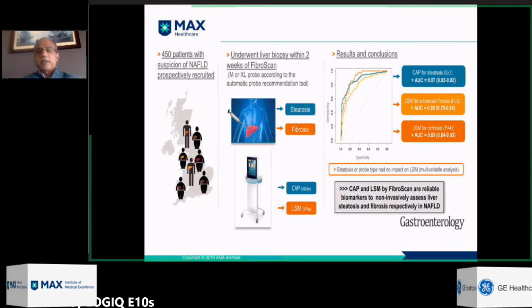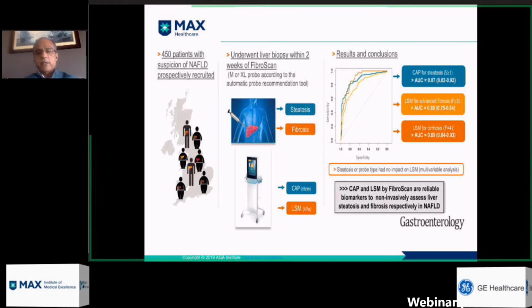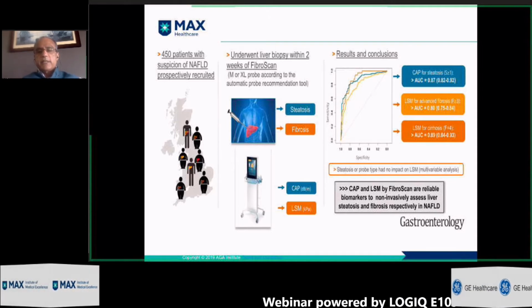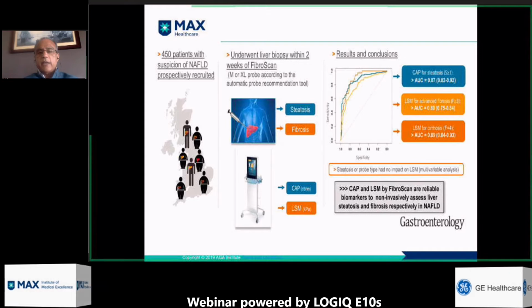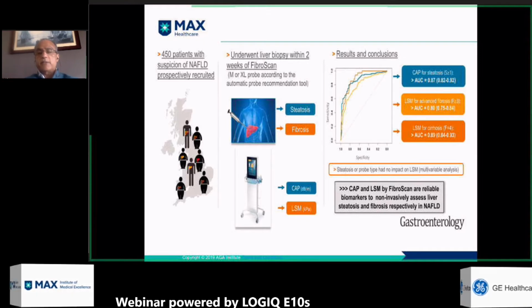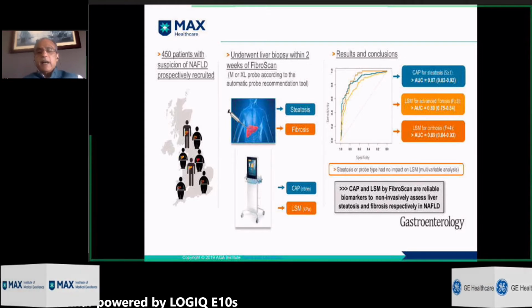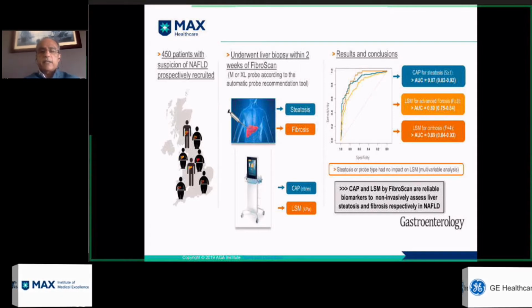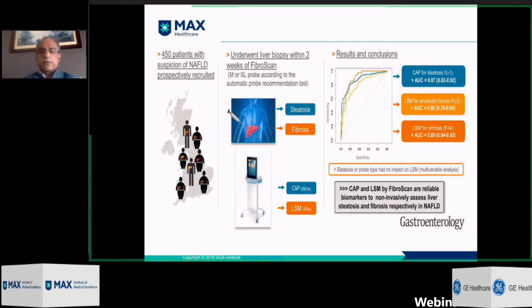So did the assessment of advanced fibrosis, and so did the liver stiffness measurement for cirrhosis, which basically tells us that CAP levels and liver stiffness measurement with fibroscan are reliable biomarkers for non-invasively assessing the liver steatosis and fibrosis in patients with non-alcoholic fatty liver disease.